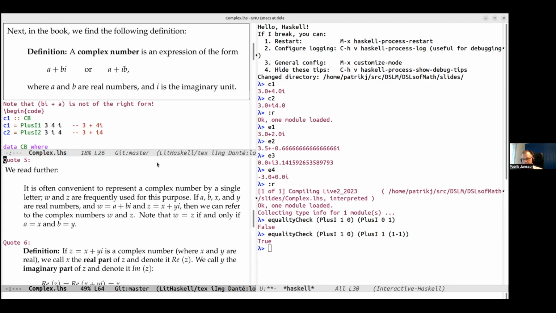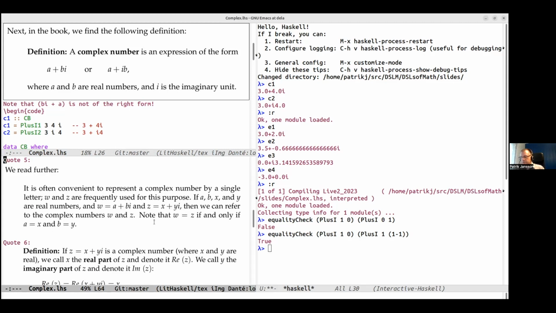Okay, that's the first sentence. That's already information. The second sentence says that if A, B, X, and Y are real numbers, and we have a name of a complex number w, which is a plus bi, and z, which is x plus yi, then we can refer to the complex numbers w and z. Well, we can refer to them or we cannot refer to them, but of course it should work. They have already introduced these forms up here, a plus bi and x plus yi.